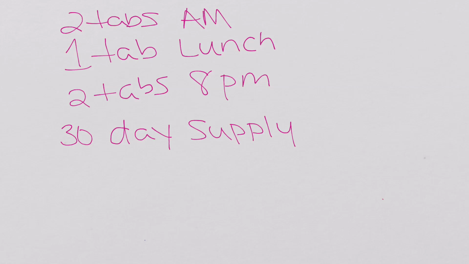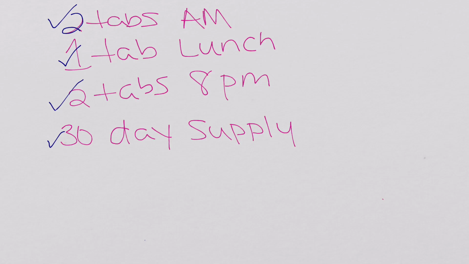Okay, the next problem is number 22. This problem says the pharmacy receives the following prescription: levothyroxine tablets, 0.05 milligrams. They're taken 2 in the morning, 1 with lunch, 2 at 8 p.m., and that they're getting a 30-day supply.